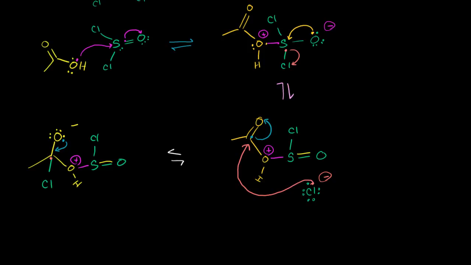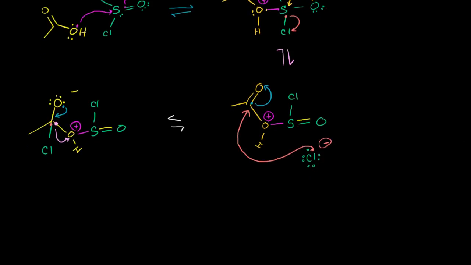So then, let me do this in a new color. I've already used the magenta. I'll use the pink. This electron right here gets taken back by this oxygen that had a positive charge anyway, so it would want to take it back. And we're getting pretty close to the punchline.